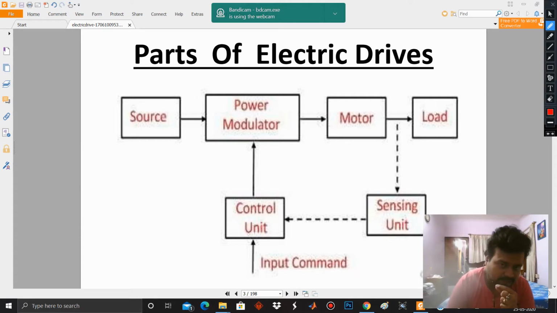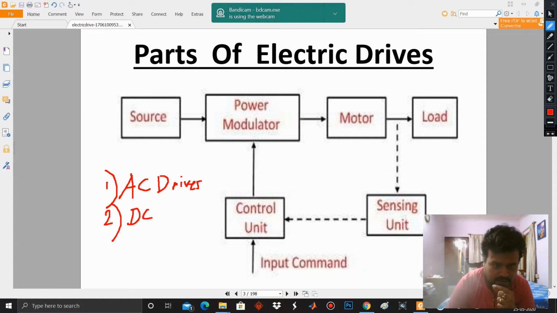If you categorize by the nature of the supply, you will be getting two types. Number one, AC drives. Number two, DC drives.